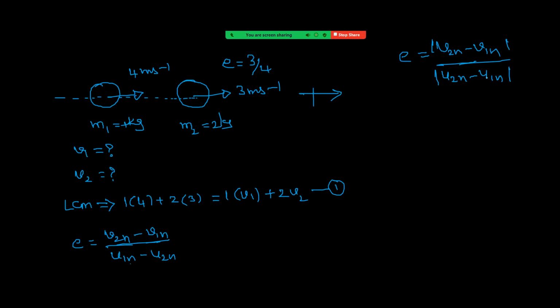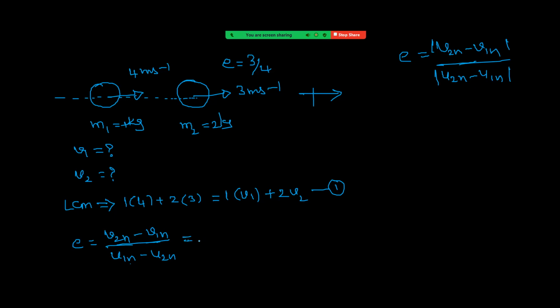But here I have directly taken the reverse, U1n minus U2n, meaning if this is positive, this is also positive. That's why I have taken it directly, instead of taking modulus values. So the upper one is the velocity of separation, and the lower one, the denominator, is the velocity of approach.